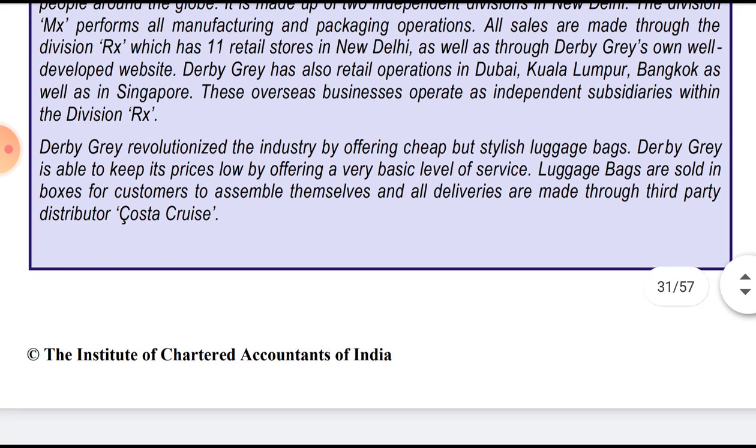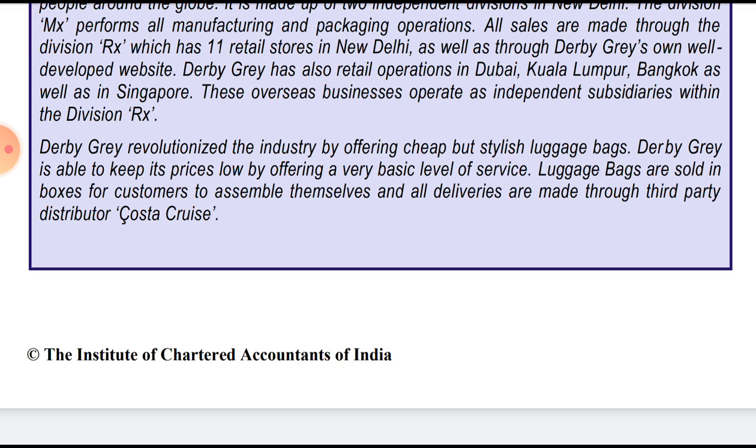Derby Gray revolutionized the industry by offering cheap but stylish luggage bags, that is, low cost but stylish bags. Derby Gray is able to keep its price low by offering very basic level services.